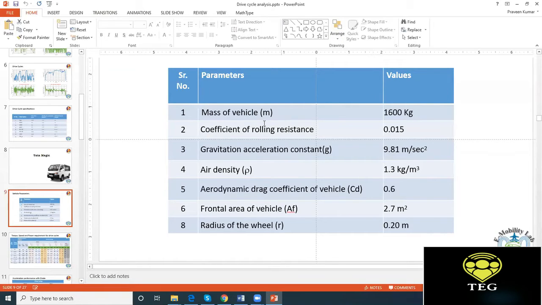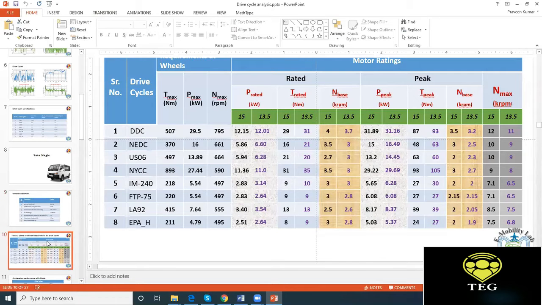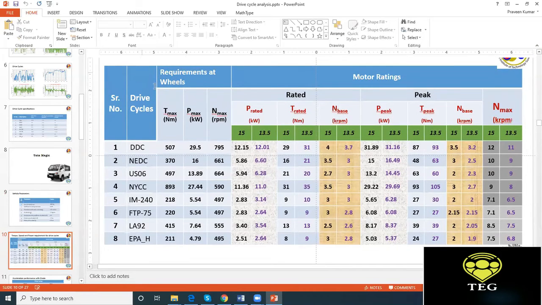So we now have all the relevant information with us to do any kind of analysis. The first analysis that we started to do was to determine, for various kinds of drive cycles, what the torque requirement at the wheel would be.